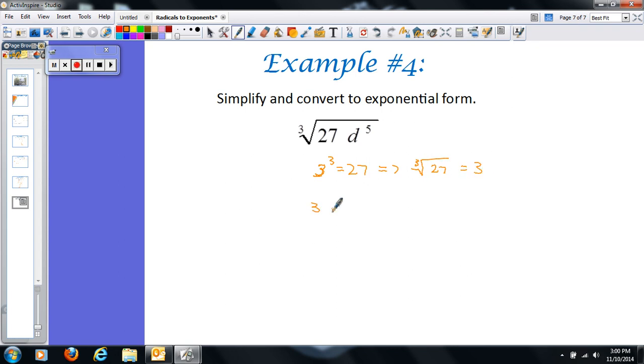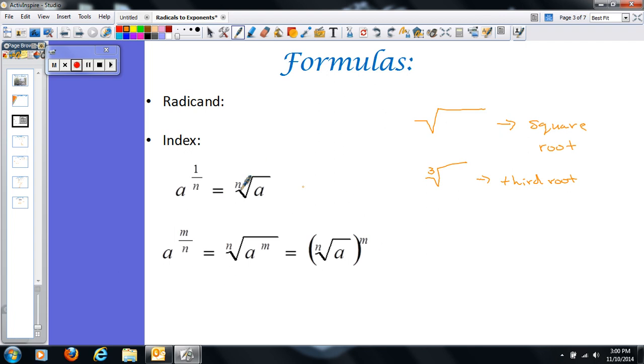So that's going to be 3, and then d, we put this on top over the third root. Okay, and we use the a to the m over n equals the nth root of a to the m. So we have this, so the m, the power goes on top, 5, and then the n goes on bottom, 3, giving me 3d to the 5/3. Okay. So the biggest thing is I want you to be able to recognize how to convert between the two, which is what you're going to get from right here, these formulas.